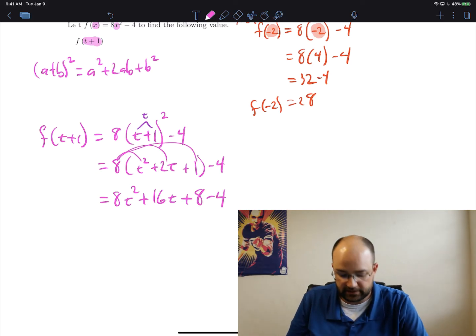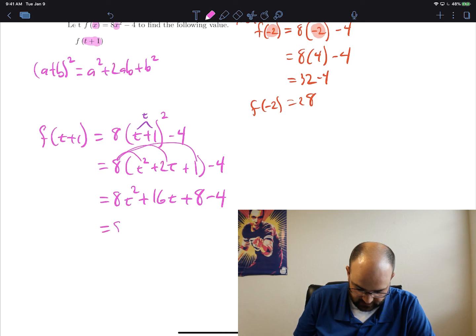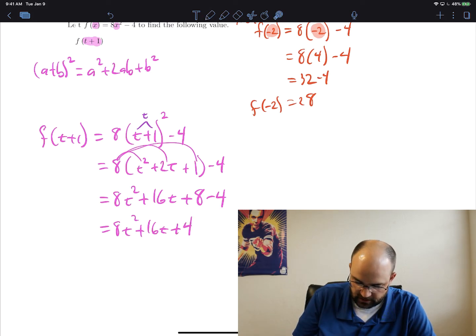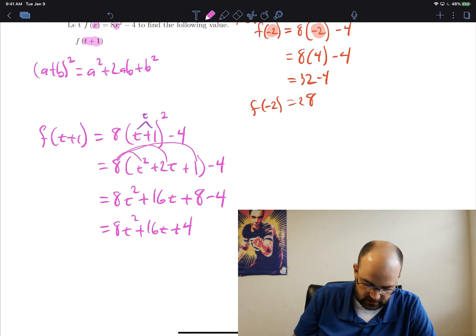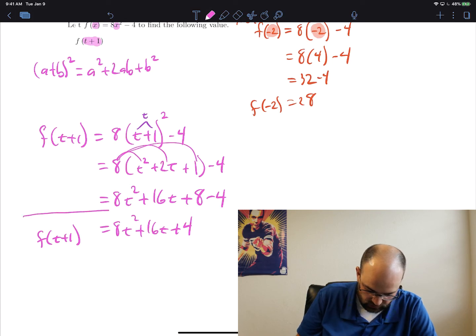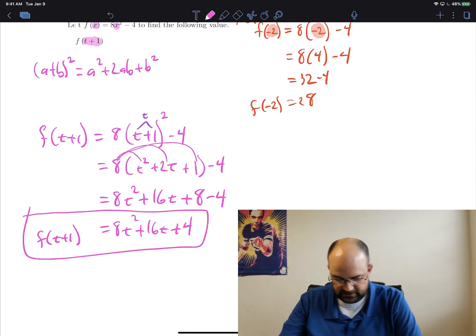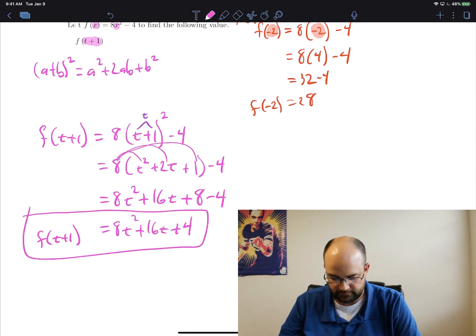And then just combine like terms. That's going to give me 8t squared plus 16t plus 4, because the 8 and the 4 are like terms and the others don't have any like terms. And that means that f of t plus 1 is going to be equal to 8t squared plus 16t plus 4.